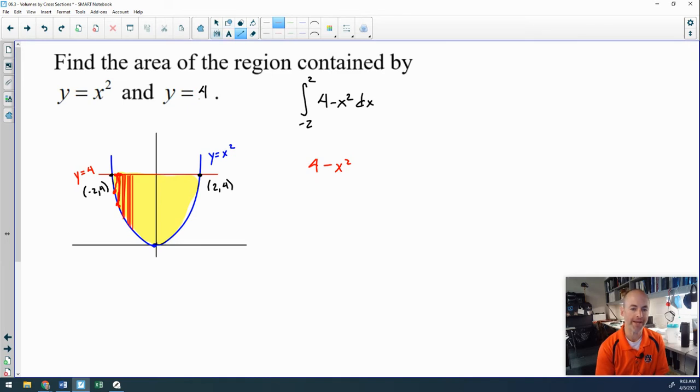And so when I'm adding those together, I'm really just taking the sum of all of those distances from top to bottom, and we're finding that sum starting at their first intersection and ending at their last intersection.